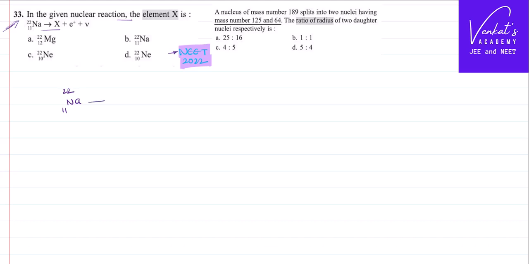Na-11-22 has become something X plus e plus, that's a positron, and a kind of a neutrino. Now, first thing that you need to understand is a positron has been emitted.